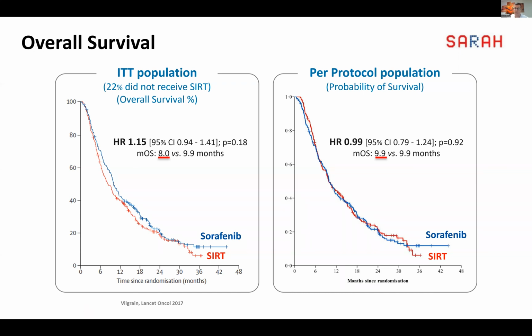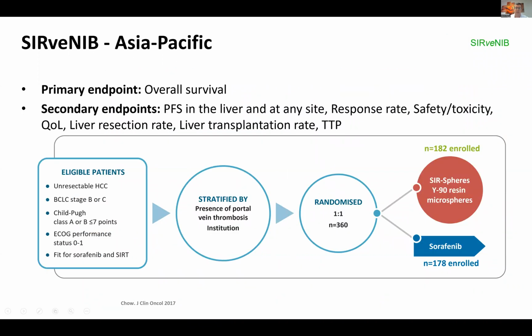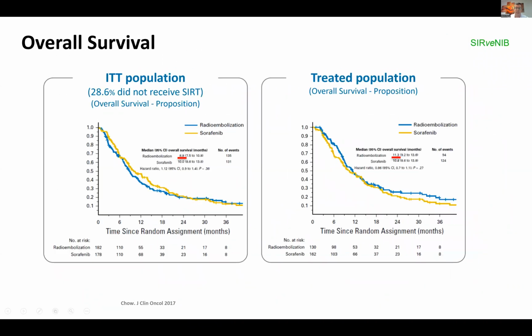That's the first comment. We have a second study, Y90 versus sorafenib, the exact same design, and the results are exactly the same. The study is negative again. And again, if you look at ITT population versus per protocol population, the OS is 8.8 versus 11.3.